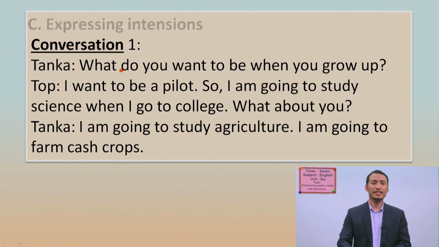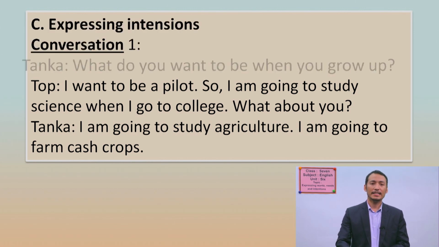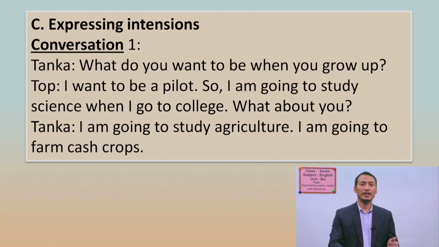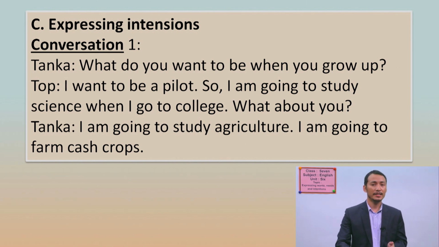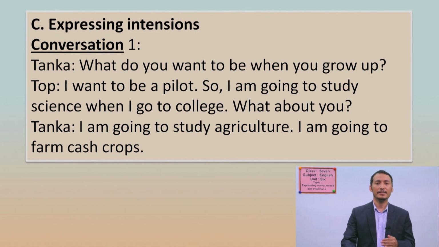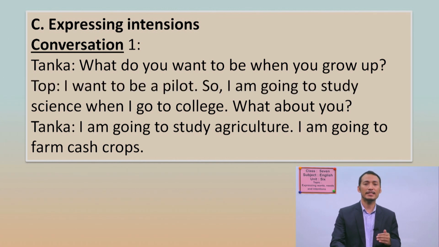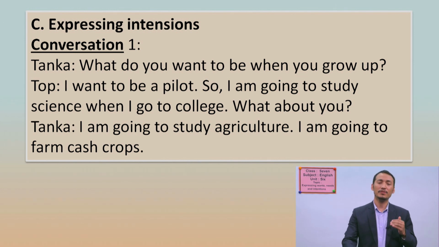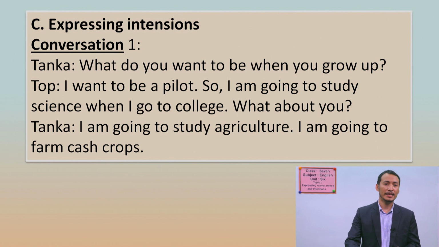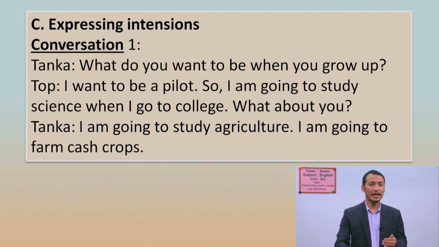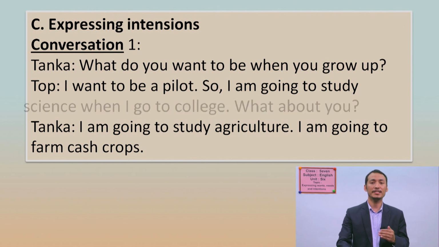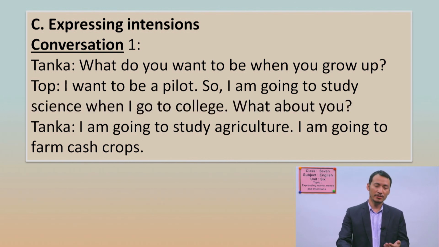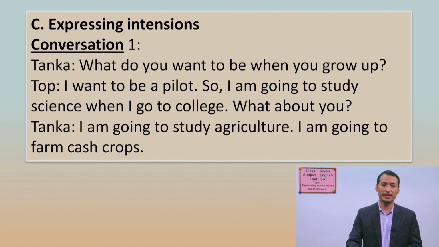Okay, in this conversation, we find that they have expressions of wants. Top wants to be a pilot, and his intention is here to study science, right? Top intends to study science, and he wishes to be a pilot, and he is actually going to study science. Intention means actually trying to do that, or you have decided to do that.